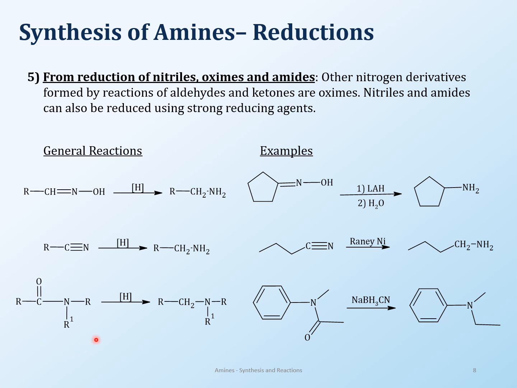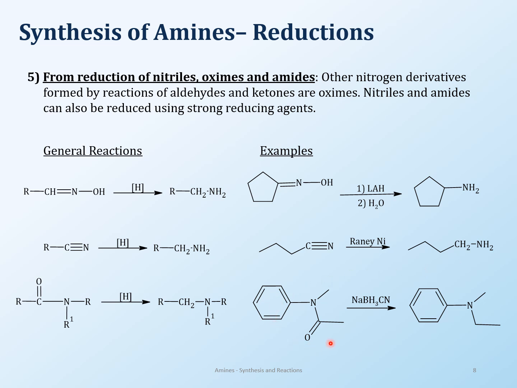Okay, so here we're taking 3 different kinds of functional groups. So if you have an oxime, this is an example. Of course, the left one is the generic reaction. So here, if you take an oxime, reduce it, you get a primary amine. You take a nitrile. We've done this in carboxylic acids, and you reduce that, you get a primary amine.